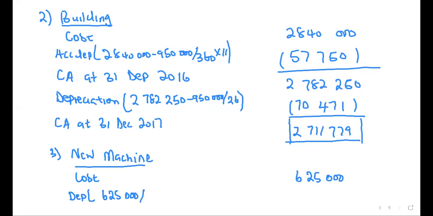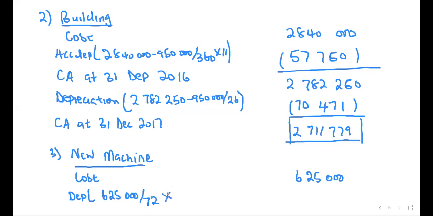I always prefer to convert to months. But if you don't want to convert to months, then you can use the 6 years. So if you say 6 years times 12, it's going to be 72 months. So you divide by 72.